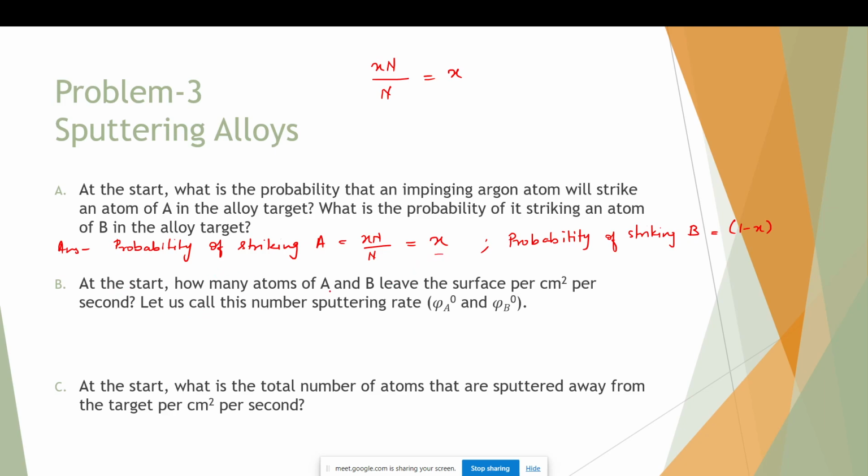At the start, how many atoms of A and B leave the surface per centimeter square per second? Let us call this number sputtering rate, phi A naught and phi B naught. So, what will be phi A naught? Phi A naught is the number of atoms of A leaving the surface per centimeter square per second. So let us see what they have given us.